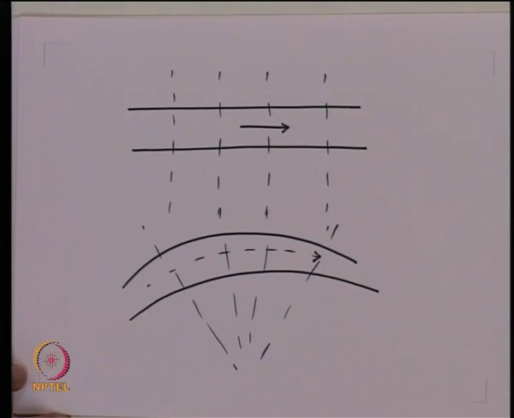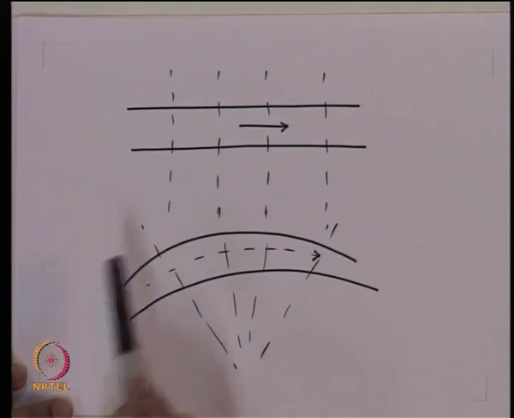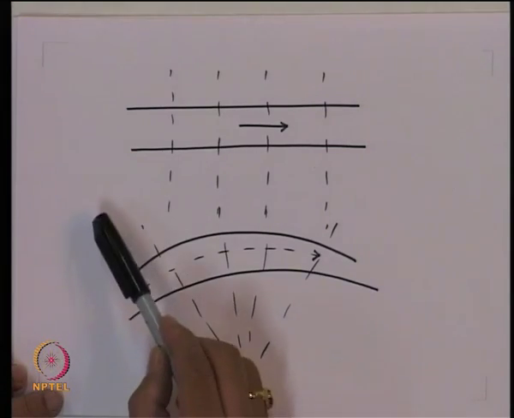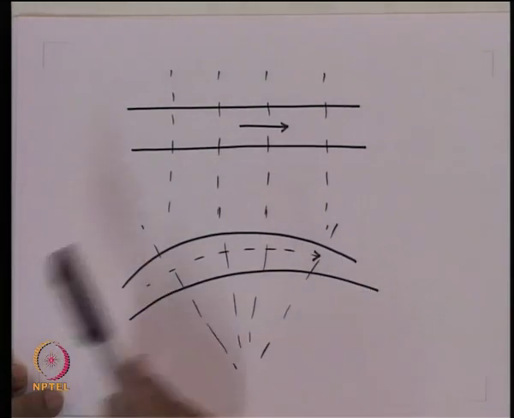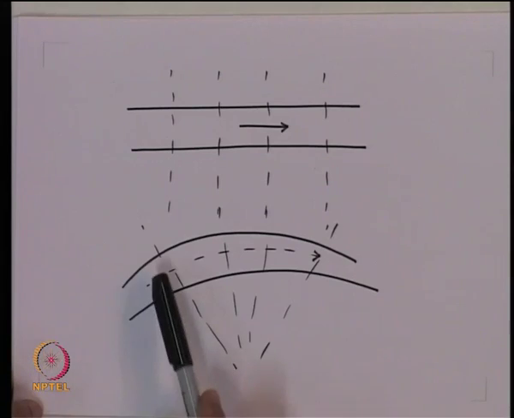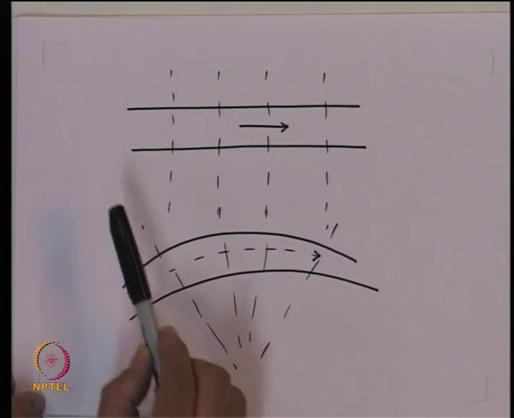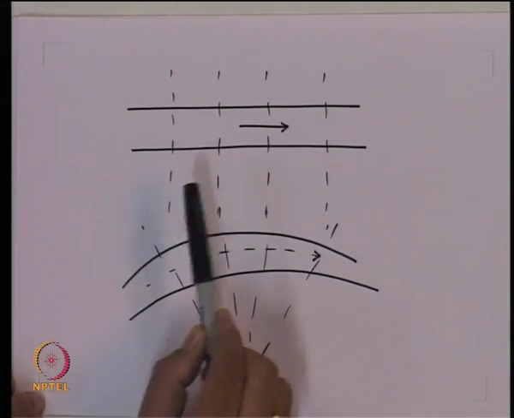Now, when that happens, every point on the phase front does not move with the same speed, because the points which are closer toward the center of curvature move with a lower velocity. As you go farther and farther, the velocity increases, and very soon you reach a distance where the velocity becomes equal to the velocity of light intrinsically in that medium.